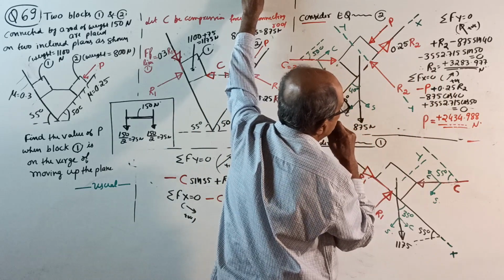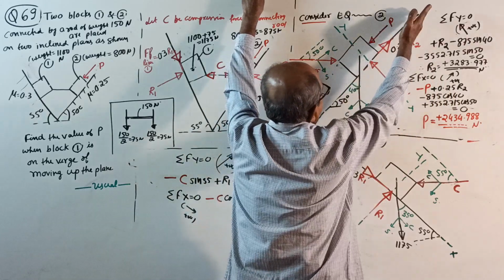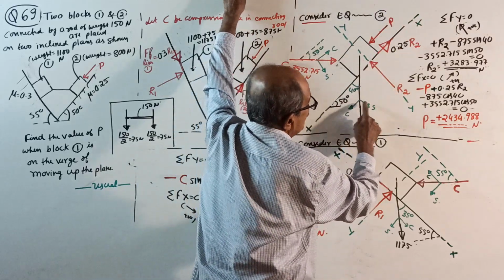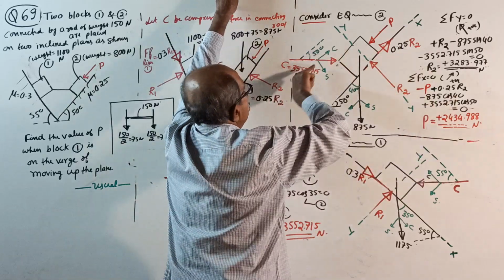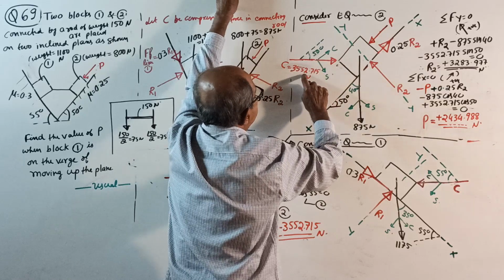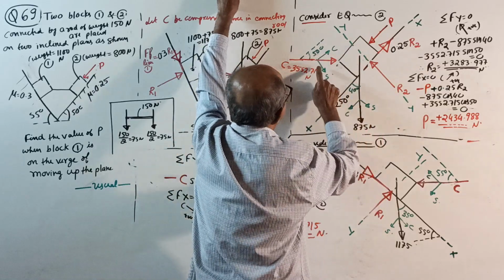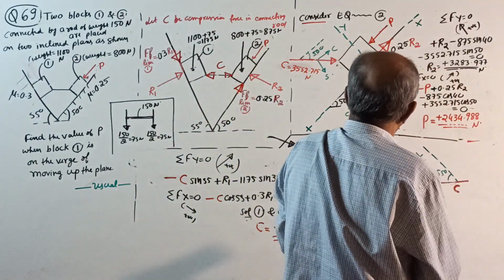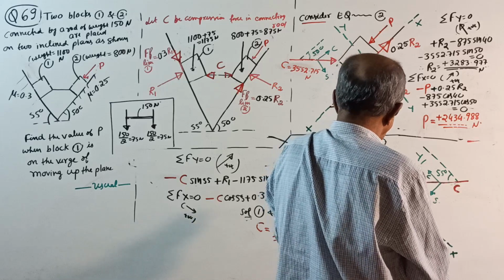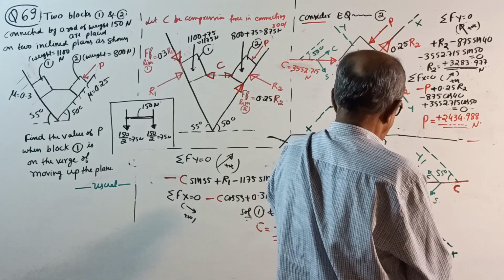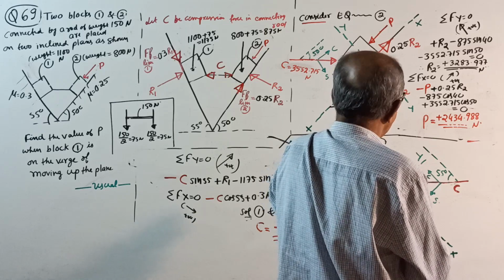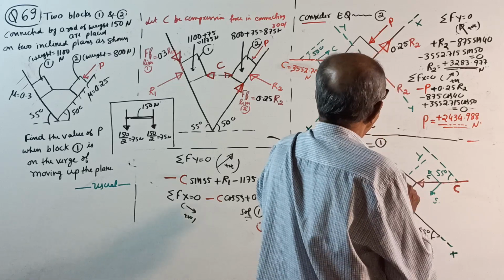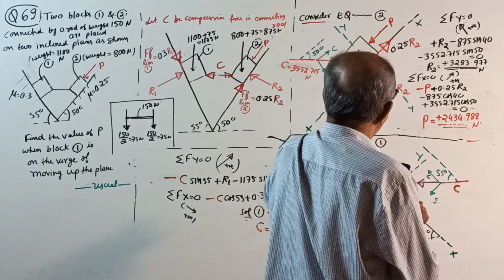Is it the correct answer? I don't know, I'll check. Plus 0.25 R2, then minus 875 cos 40, then plus 3552.715 into cos 50 equal to 0. I have a doubt about that answer. Have I taken the sign correctly? I will see it now. No problem. 0.25 into R2 is 3283.977, that is positive.